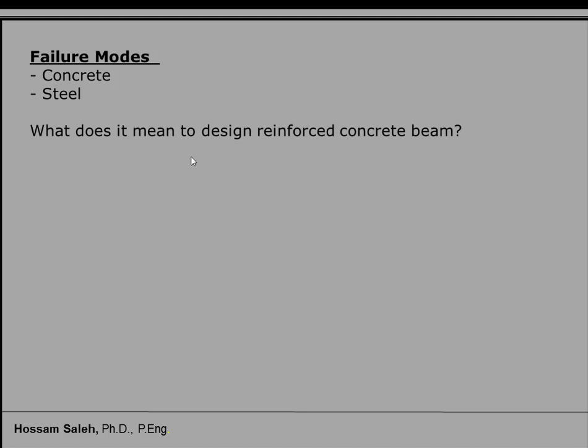Every one of them has some description. If we have a concrete failure, the bad side of that is that the concrete failure is really brittle, and the concrete explodes when it fails. So if I have concrete failure, that means we don't have any warning, we don't have any cracks, we cannot repair our building. So we don't want that.